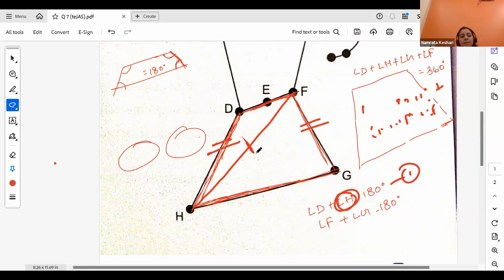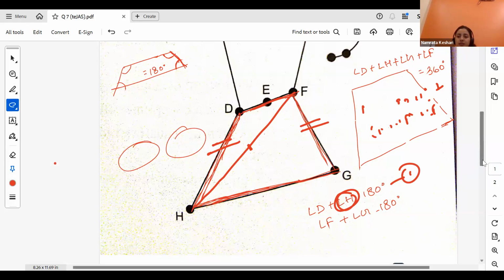What else? We cannot say opposite angles.